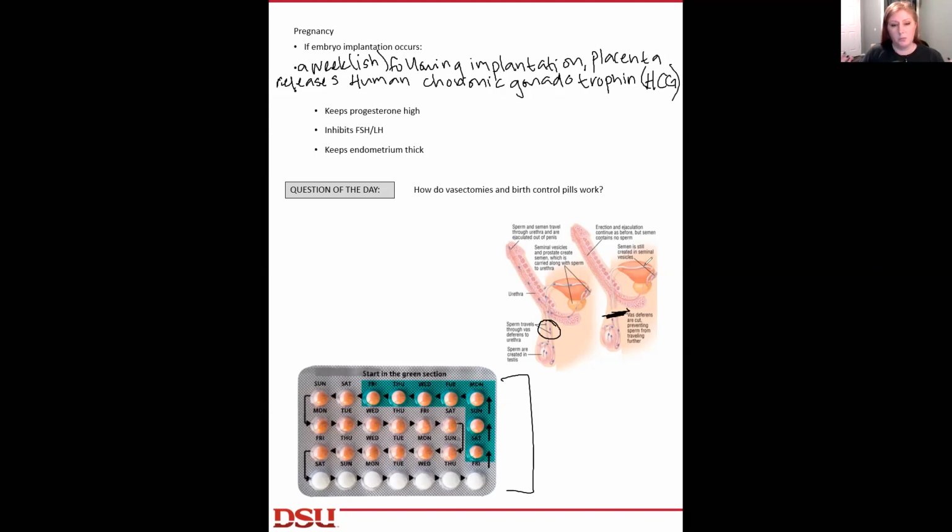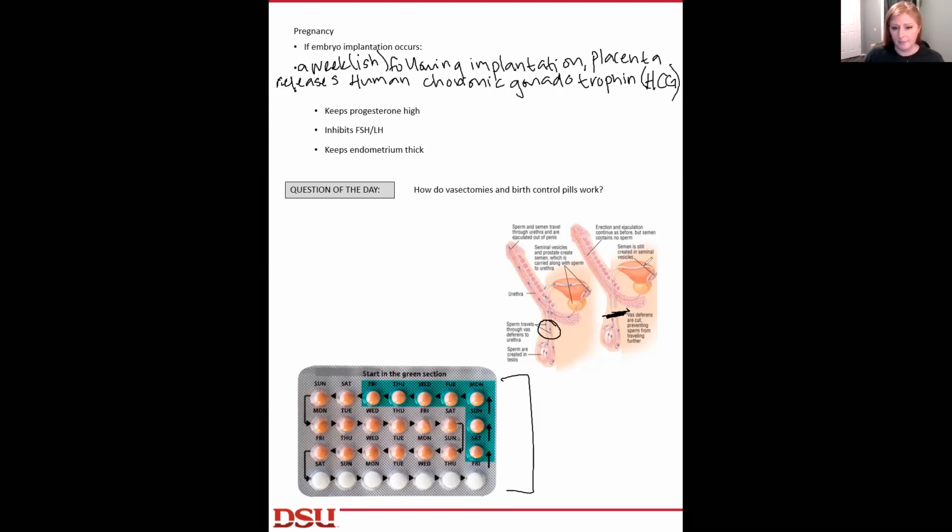Cut them off, which means everything else is functioning like it's supposed to, but the sperm is not released because the tube that connects it up to the urethra has been cut in half. So you essentially still get semen in ejaculation, but there's no sperm in the semen.